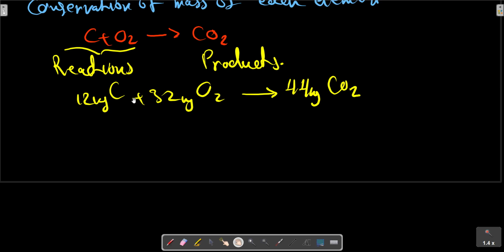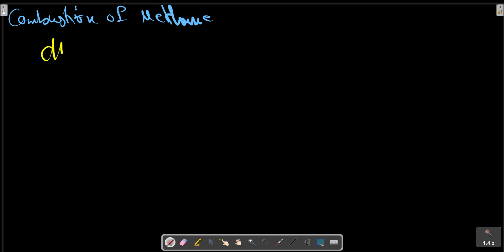When a hydrocarbon fuel is burned, both the carbon and hydrogen are oxidized. Consider the combustion of methane as an example: CH4 plus 2O2 gives CO2 plus 2H2O.